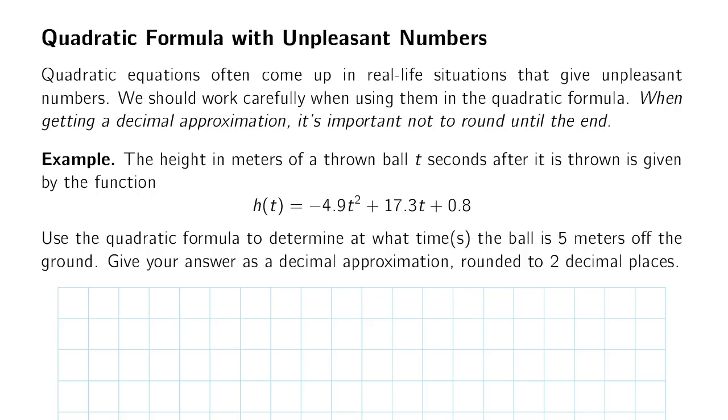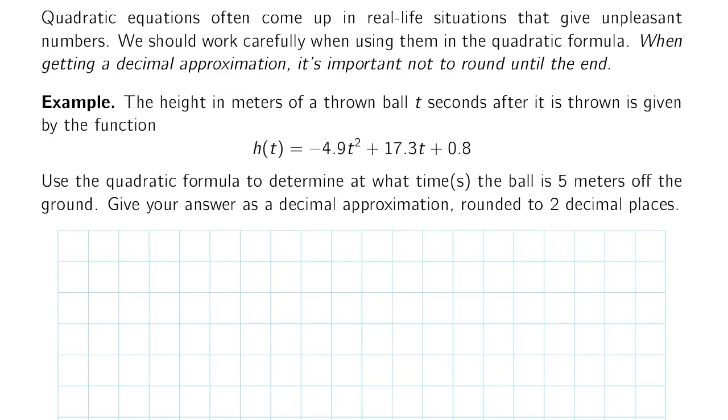So let's see an example that comes from a real-life application where we have unpleasant numbers. In physics, we get quadratics, among other things, when we're talking about throwing something into the air and then it accelerates due to gravity. So we have a thrown ball.